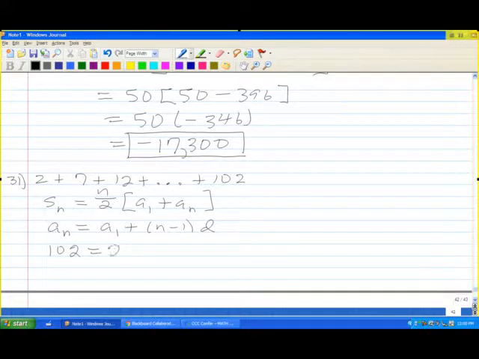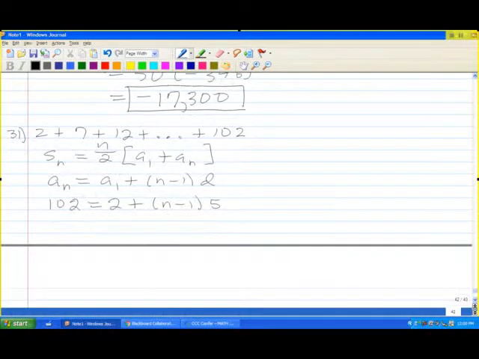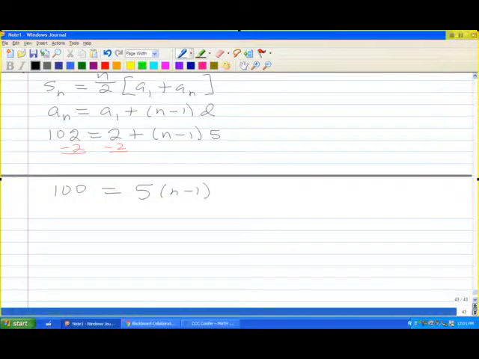Well, the first term was 2. I don't know n, that's what I'm trying to figure out. And the common difference, well, I'm always adding 5 to get to my next term. Let me subtract 2 from both sides. So 100 equals 5 times (n minus 1).